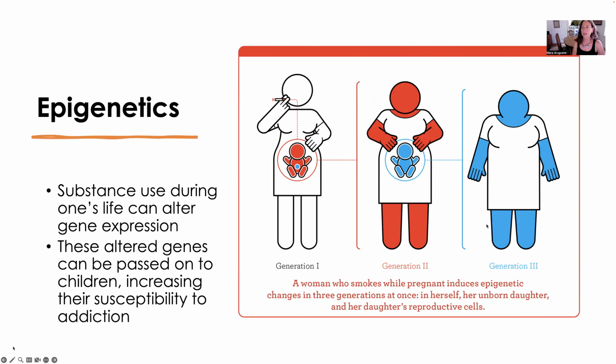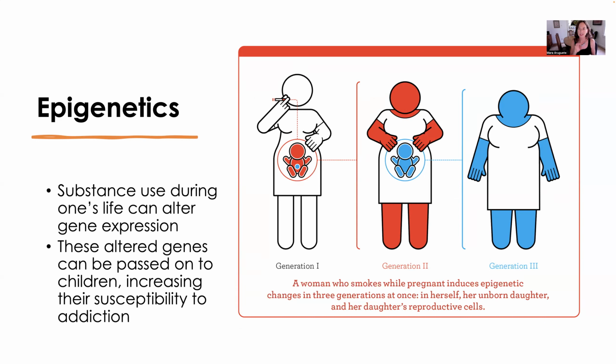Okay, so I told you I was going to talk about the effect of the environment on a person's genetic makeup, and that effect is called epigenetics. So what we see is that substance use during one's life, for example, me as an adult woman, using a substance can alter my gene expression.